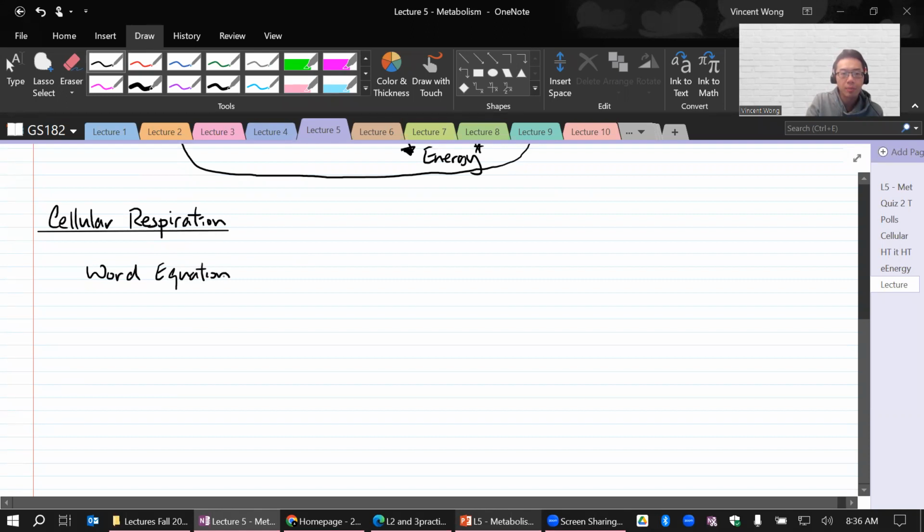So cellular respiration, we can write a word equation. You have probably learned word equations in chemistry already. So literally, it's just words. So we have glucose plus oxygen.